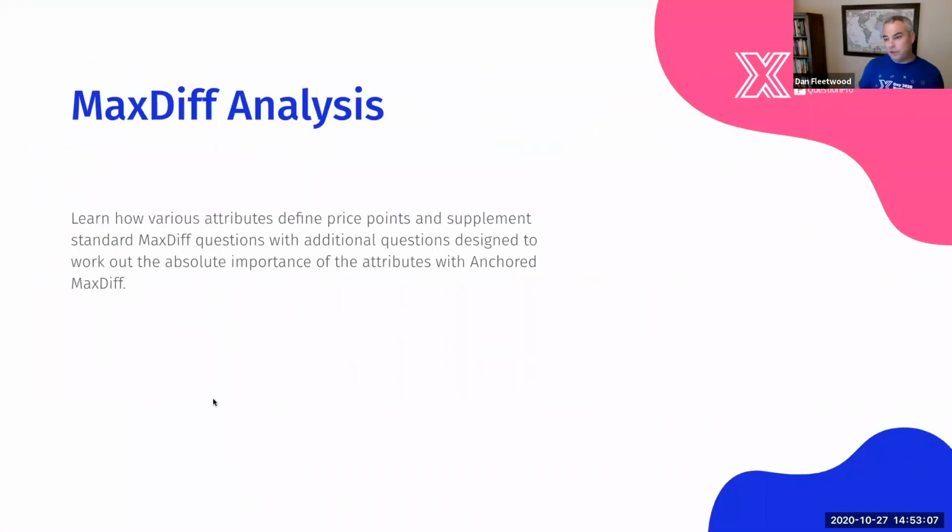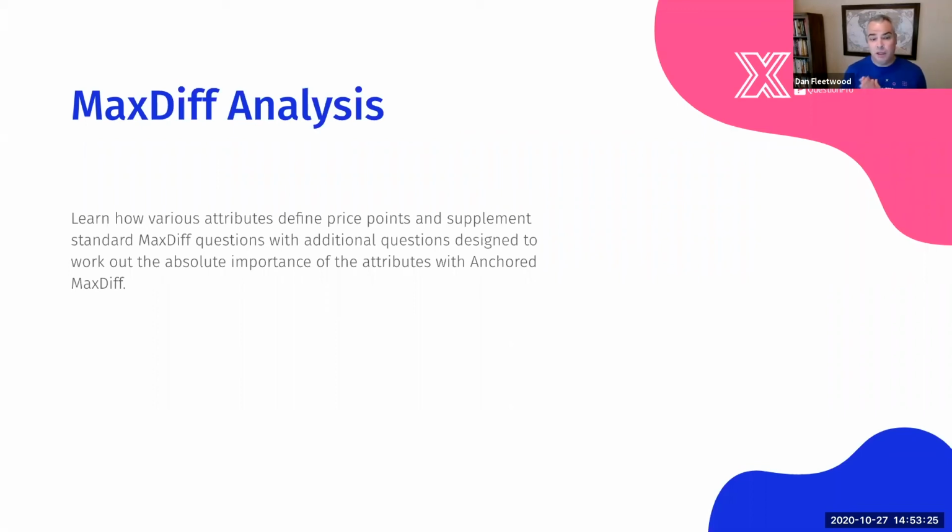You can definitely use the Van Westendorp for that. The MaxDiff is obviously closely related in that the different price points and different attributes within a product that someone would want. But we recently released Anchored MaxDiff. So Anchored MaxDiff allows for additional data points, I would say.